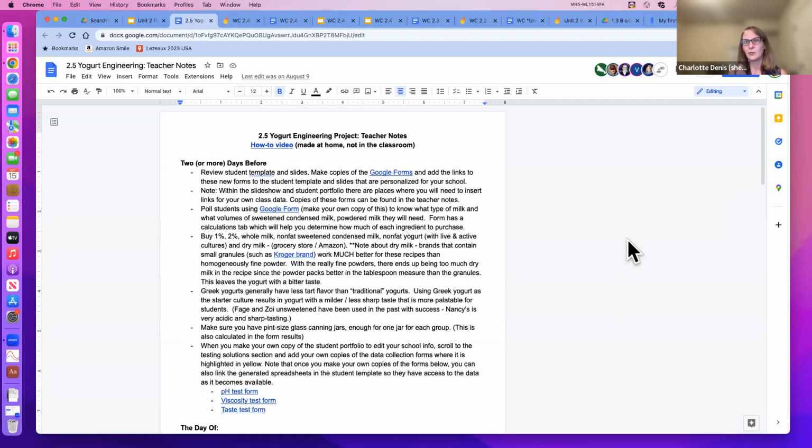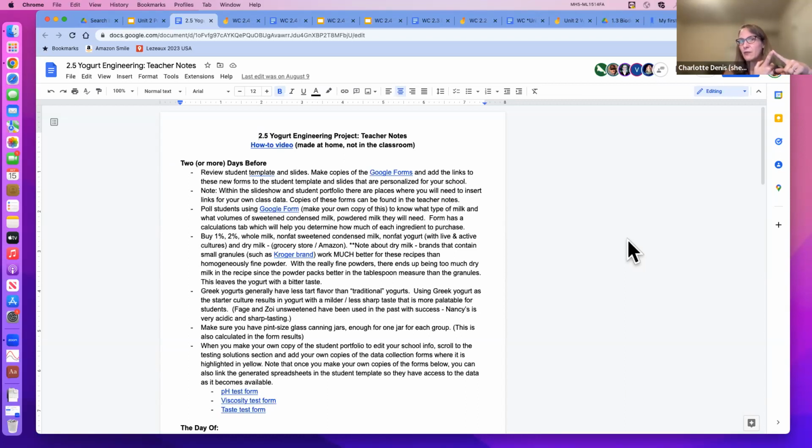You can buy some of the materials in advance, like sweetened condensed milk. You can get that from Amazon, and I just have several cans of that sitting in the stock room so that I don't have to go and buy that every year or every season. But you do have to buy a fresh yogurt culture, and you do have to buy milk. So we generally get reimbursed by petty cash if you can do that in your building, or that's an expense that we take on and deduct from our taxes, as we all tend to do sometimes.